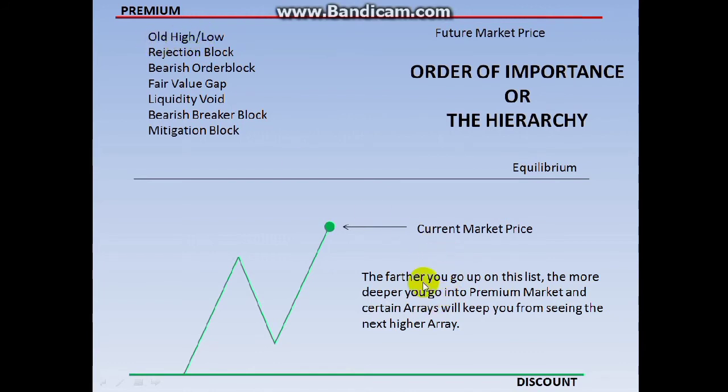One thing we should take note of is that the further you go up on this list, the deeper you go into the premium market, and certain arrays will keep you from seeing the next higher arrays. What do we mean by that? There are going to be times that we have more than three premium arrays on a particular price action.